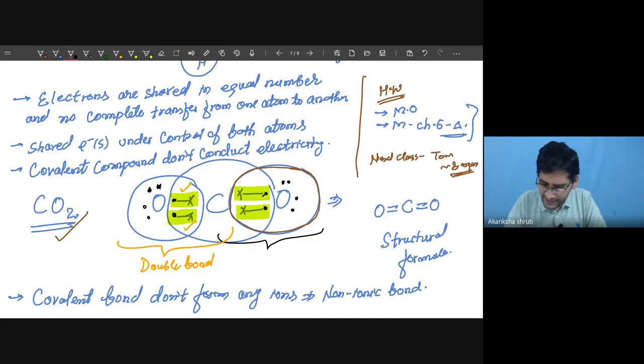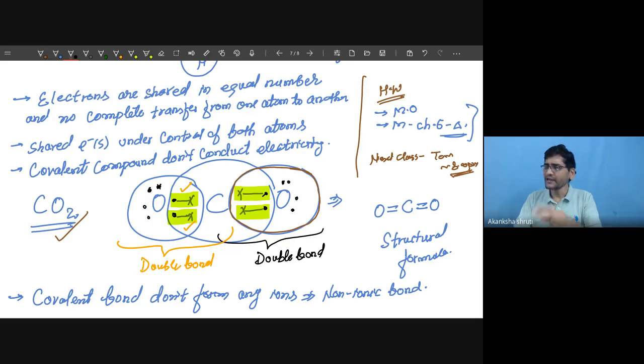So on the right hand side it is also a double bond. Though carbon is forming a total of 4 bonds, you cannot call it a quadruple bond. It is only a double bond.